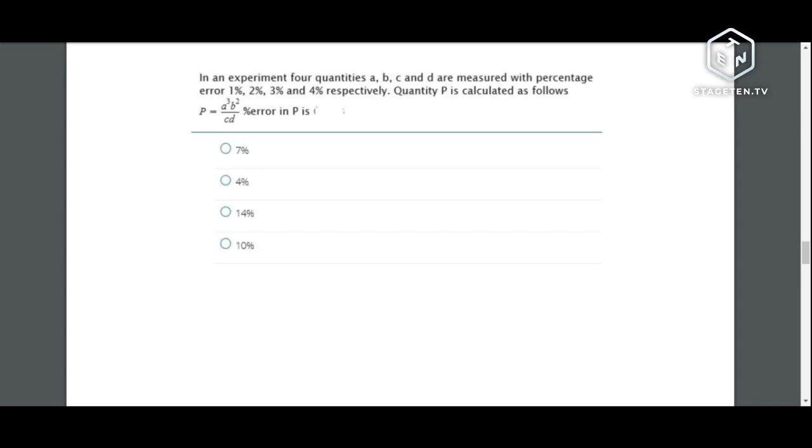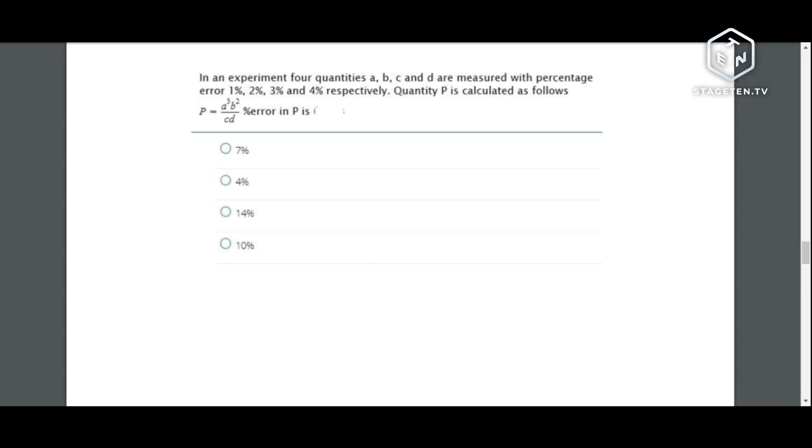The hint in this question is that we need to find the percentage error in P. So you need to differentiate the quantities. On the left hand side, it will be del P over P into 100 because we need to find the percentage error.